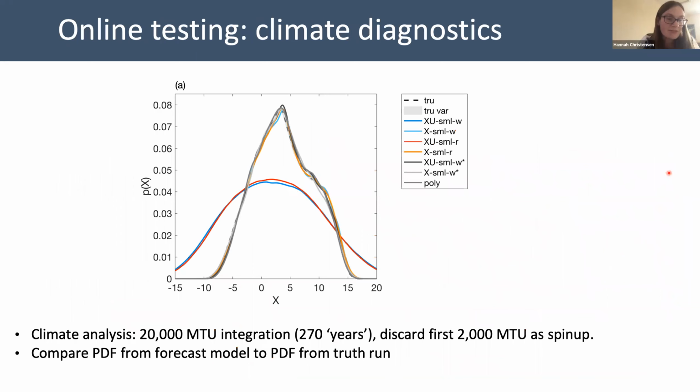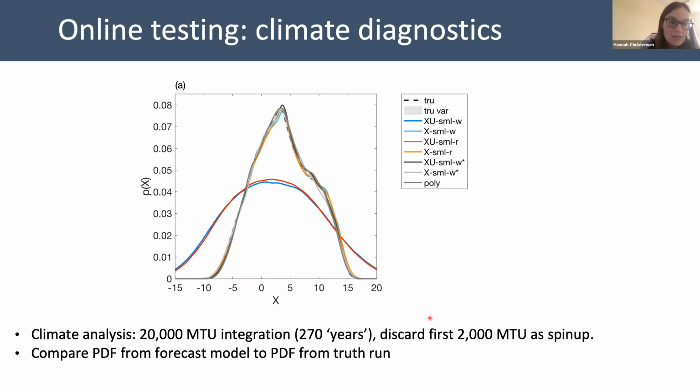Okay, so we're now going to move to online testing. We're going to test each of our GANs in how they perform in free running simulations. We'll start off with looking at climate diagnostics, running these 20,000 model time unit integrations. This is a few hundred years if you convert to an atmospheric time variable. We discard the beginning as a spin-up.